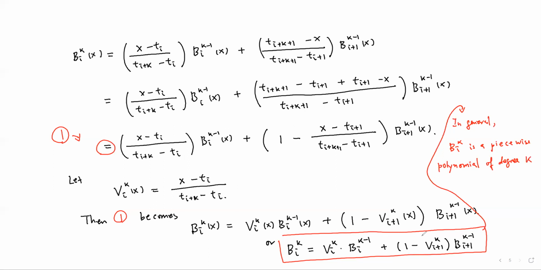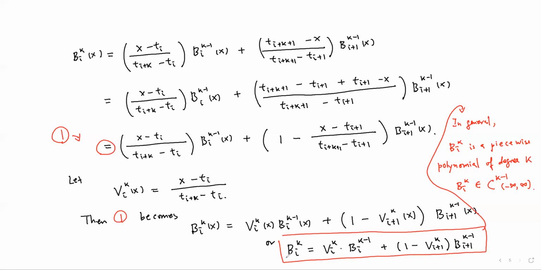And also we can prove that B_i,k is smooth, actually smooth of order k minus 1. Of course, B_i,k is defined on negative infinity to positive infinity. Actually, these two properties are in one of the lemmas I present below.